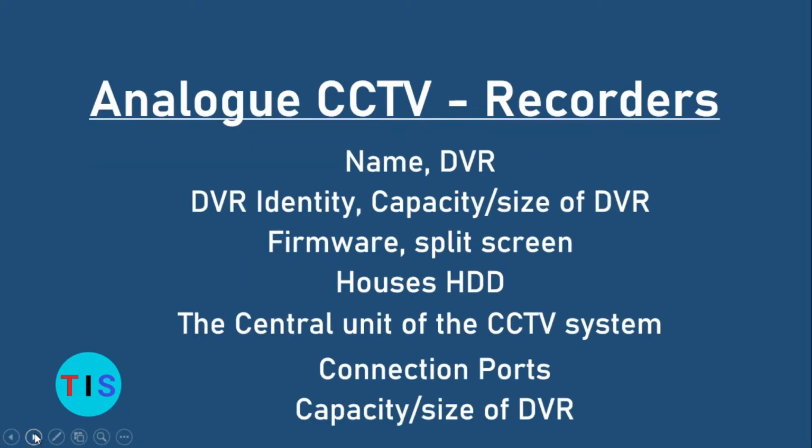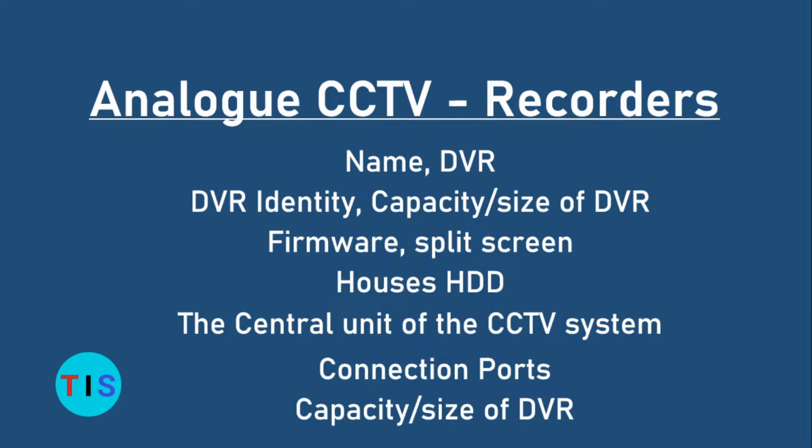Let's move on to the CCTV video recorders. I would like to show you the analog CCTV video recorder. Remember, the CCTV recorder is essential to the CCTV setup, because that is where the storage of your videos is done.